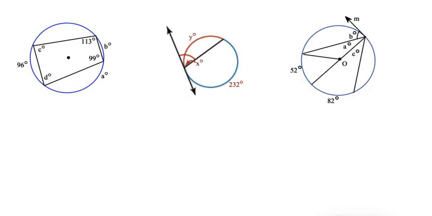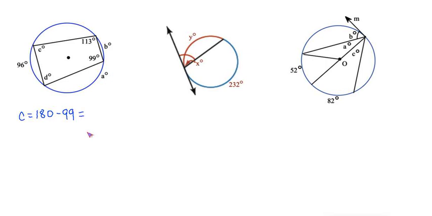Now, finally, I have 3 examples that I want to work through with you to illustrate these rules that we've talked about. First of all, in the first diagram, I see I have an inscribed quadrilateral. So I know that those opposite angles are going to be supplementary. So that tells me, for example, that C is going to be 180 minus 99, because C is opposite from the 99-degree angle.